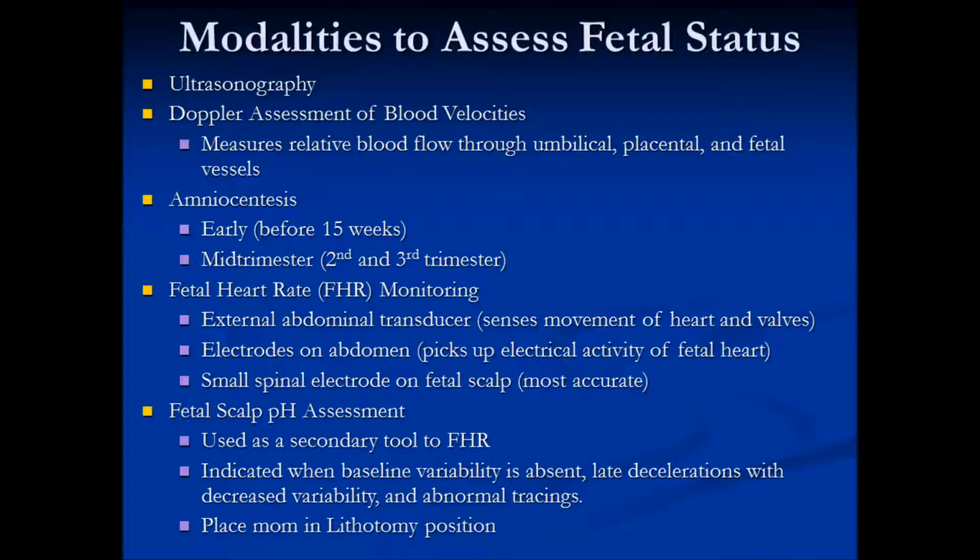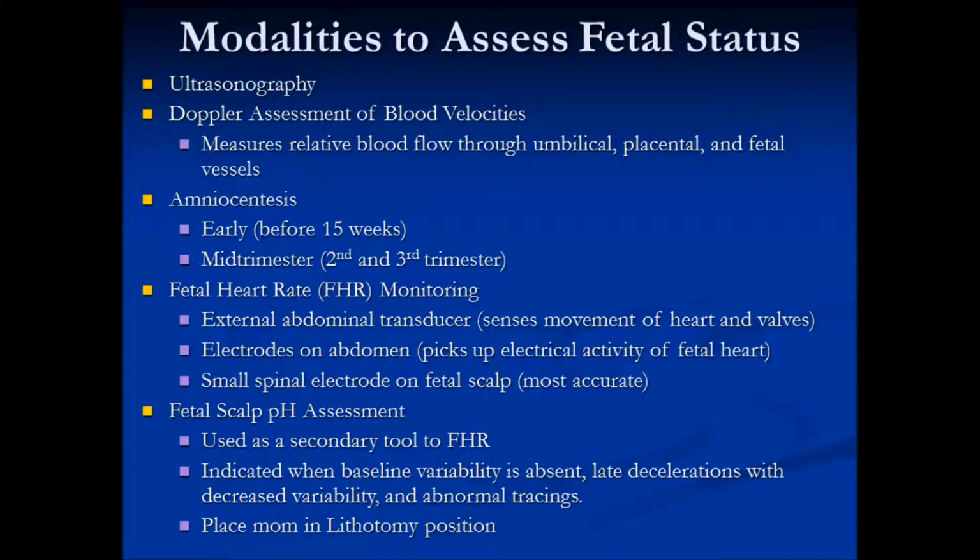And they simply, let me see if the book has a picture. Yeah, there is a picture of a patient in the lithotomy position. And when they get the pH, it is considered to show that the baby is asphyxiated if the pH is between 7.2 to 7.24.